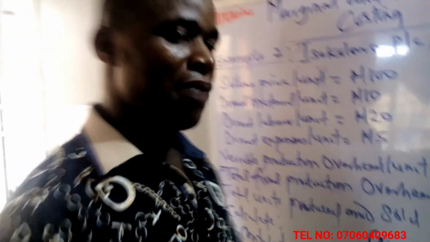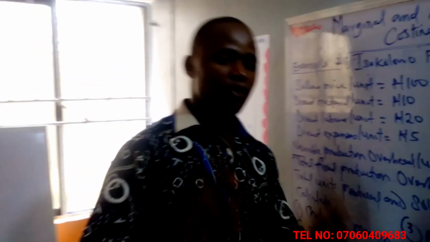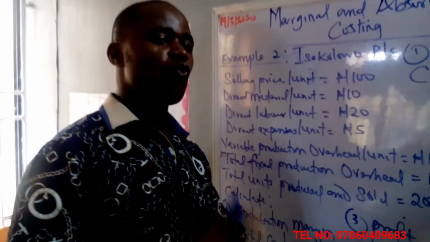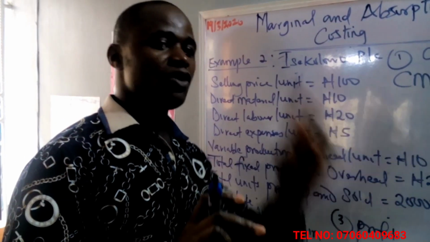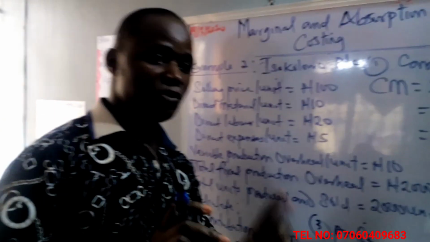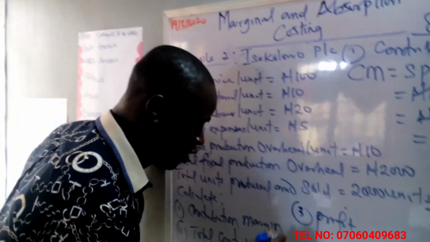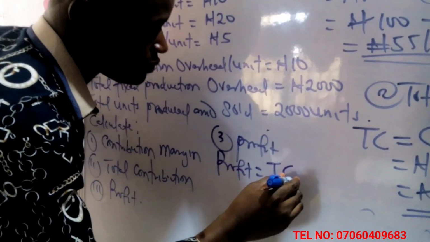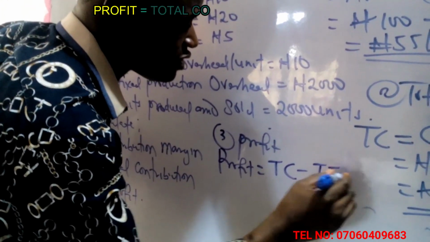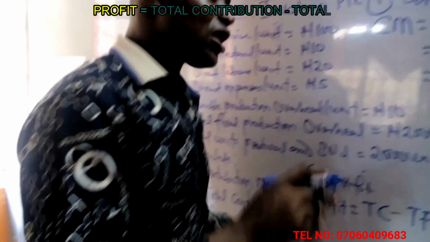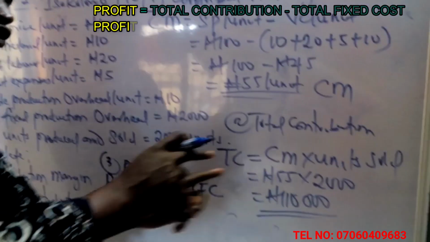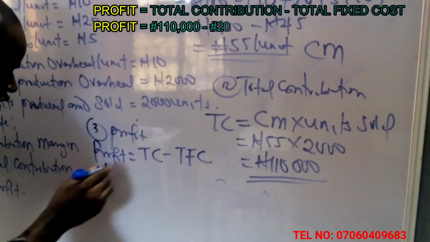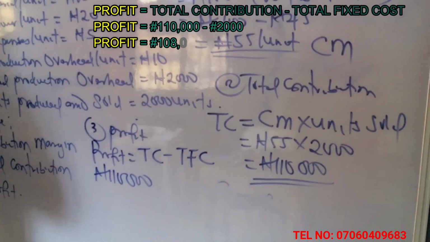Number 3, our profit. I told you earlier that under marginal costing, our profit is gotten when we get our total or marginal contribution first. Therefore, our profit will be total contribution minus total fixed cost. Based on question 2, our total contribution is 110,000.